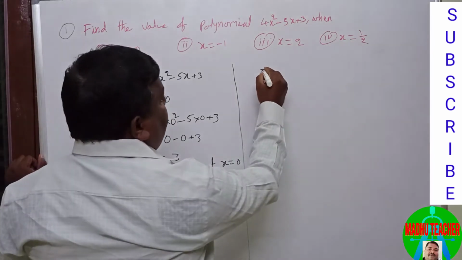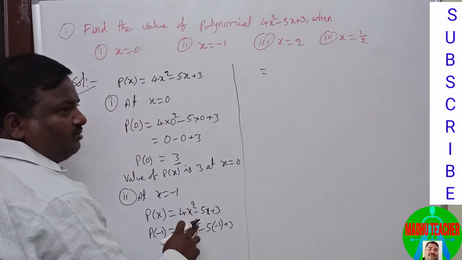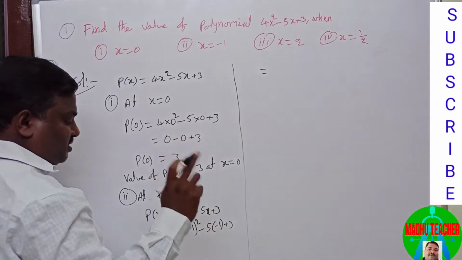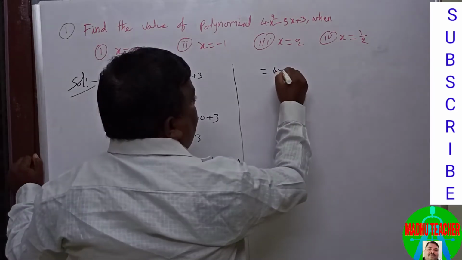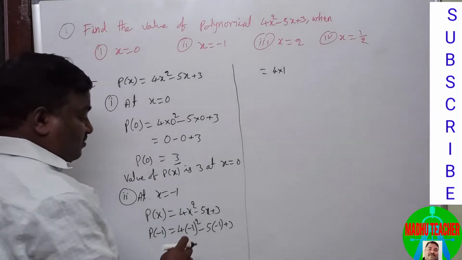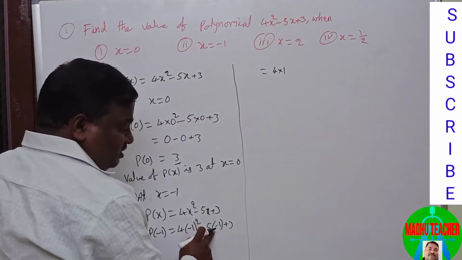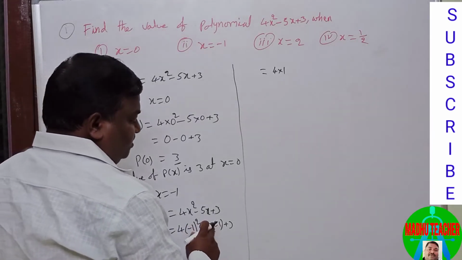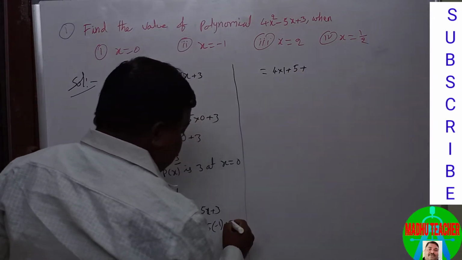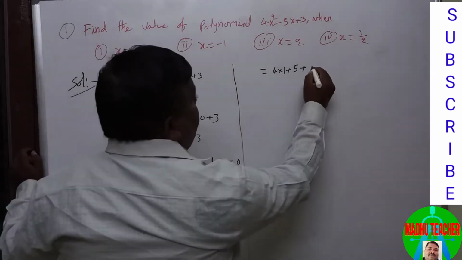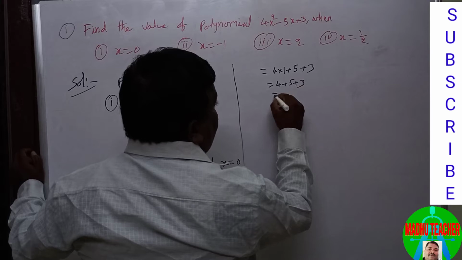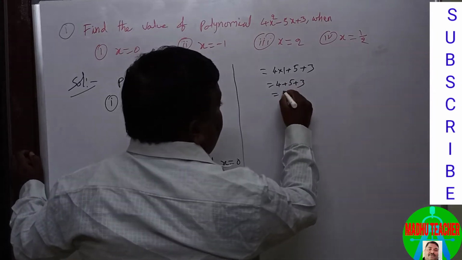Minus 1 whole square: minus 1 into minus 1 is plus 1. 4 into 1 is 4. Then minus 5 into minus 1: minus into minus is plus, 5 ones are 5, plus 5, plus 3. So 4 plus 5 is 9, 9 plus 3 is 12.